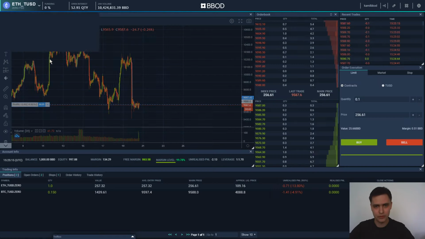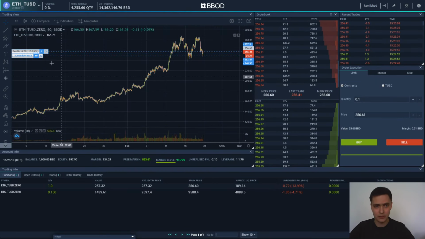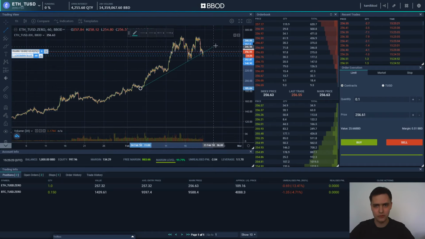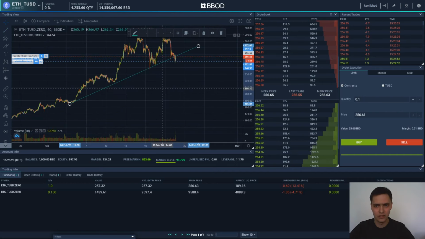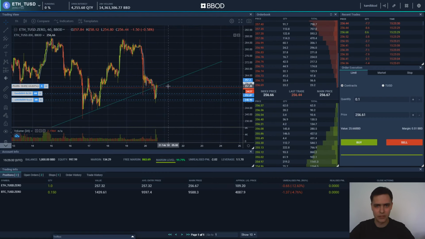Moving to Ethereum technical analysis. Ethereum is in a much stronger up move right now, but this line is being broken as well. So yeah, we'll see whether we can move back above this line or not. That's gonna determine where the market will go during the next days.